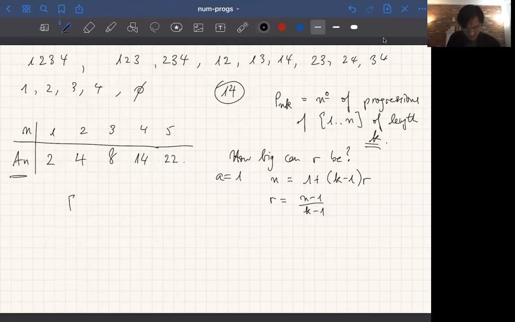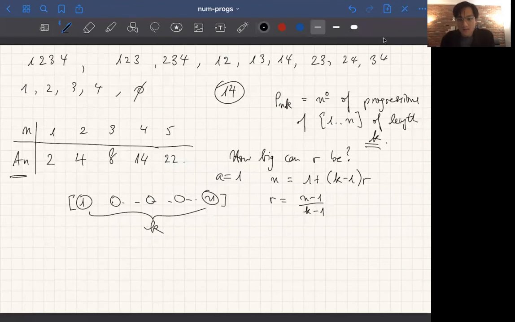That's if in this interval 1 through n, we have A being 1, and we go all the way to n, and along the way we pick up k things. Okay, so that's how big R can be.